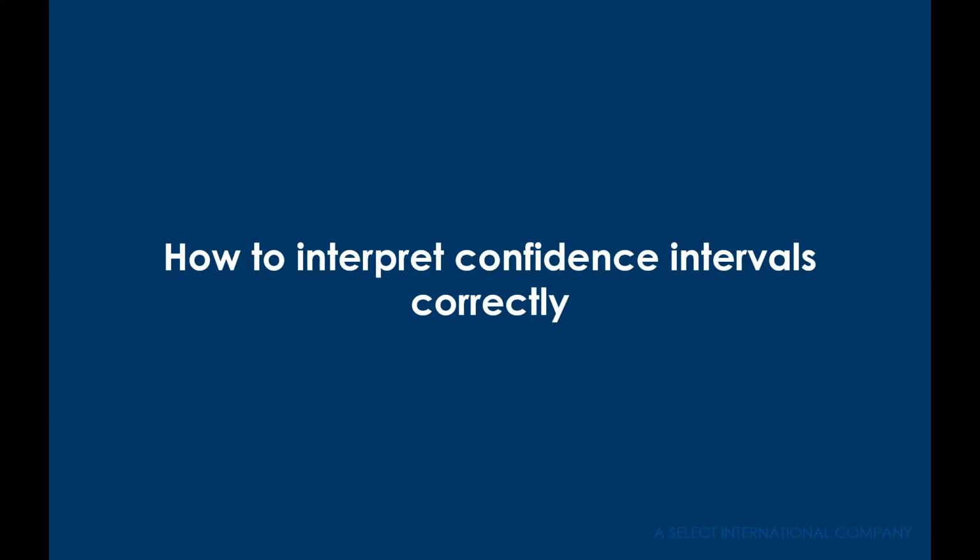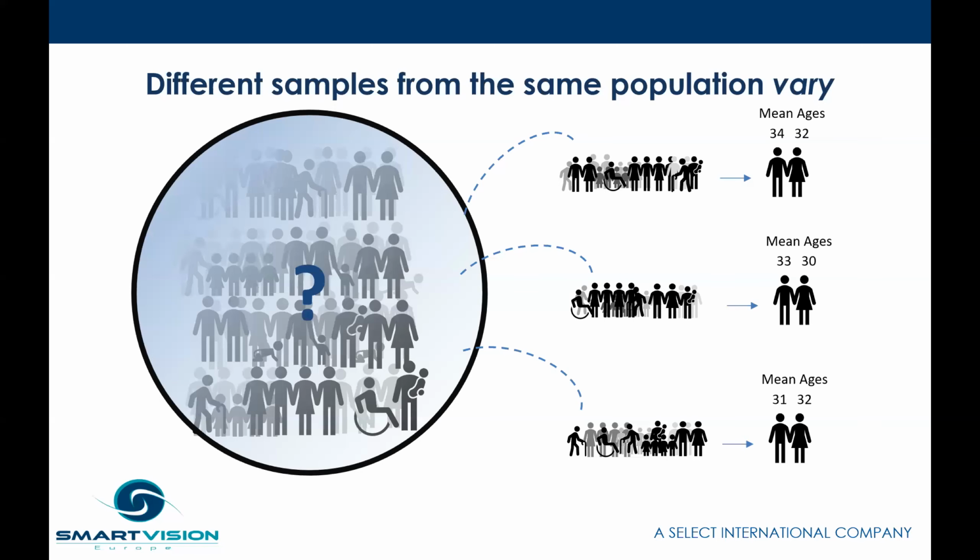I also point this out because it's one of the most commonly misinterpreted inferential statistics, to the extent that you can type how to correctly interpret confidence intervals into Google, and the first hit you get is incorrect. That's how commonly misinterpreted it is.